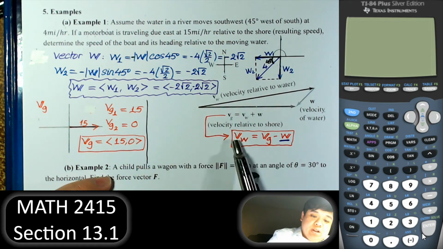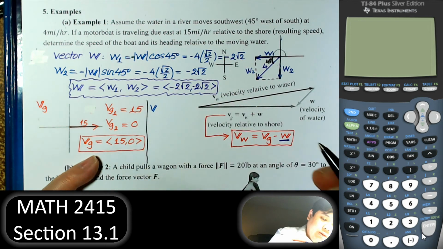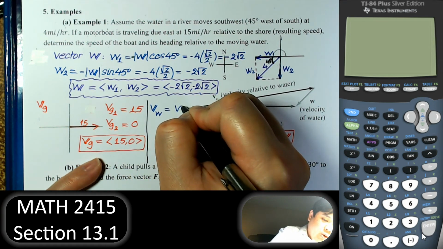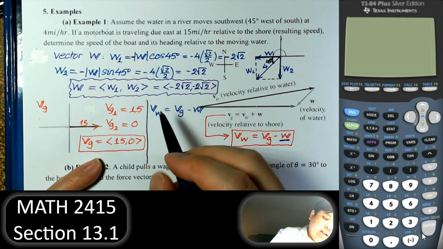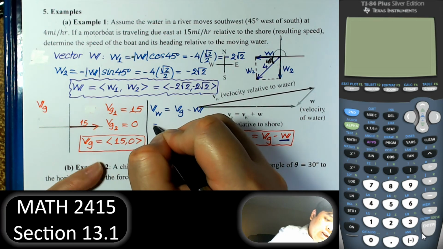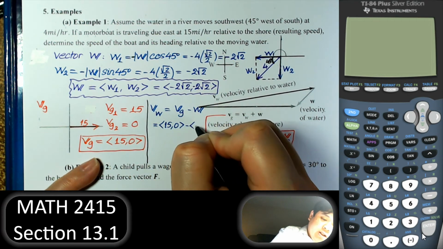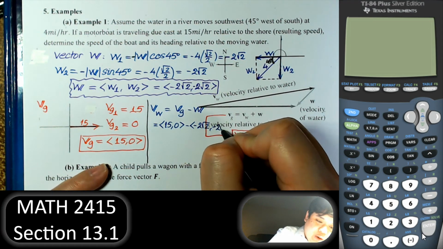And then finally we just do this. Velocity with respect to the water equals velocity with respect to shore minus the velocity of the water. So 15 and 0 minus 2 square root of 2, minus 2 square root of 2.